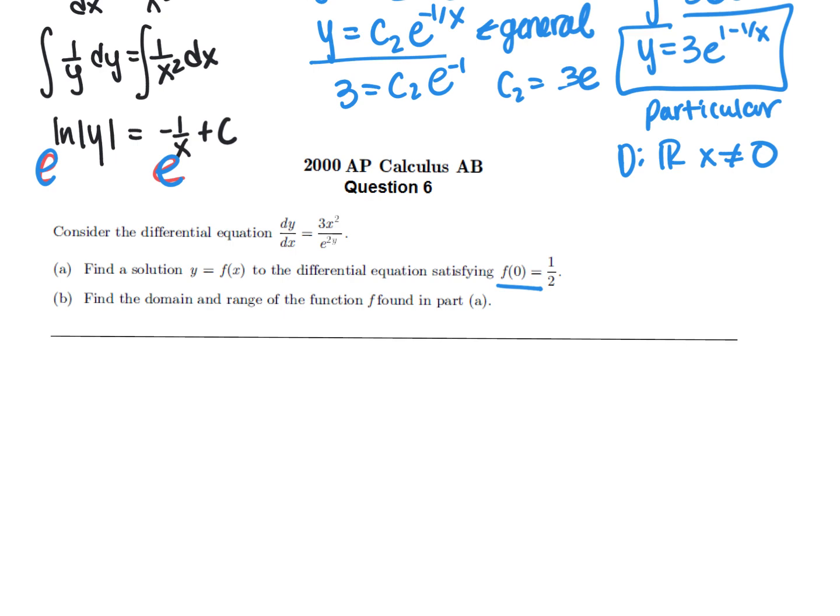Again, I'll kind of write the steps down for you just to check as you go, but I want you to try it on your own. Separating your variables, you should have e to the 2y times dy is equal to 3x squared times dx.